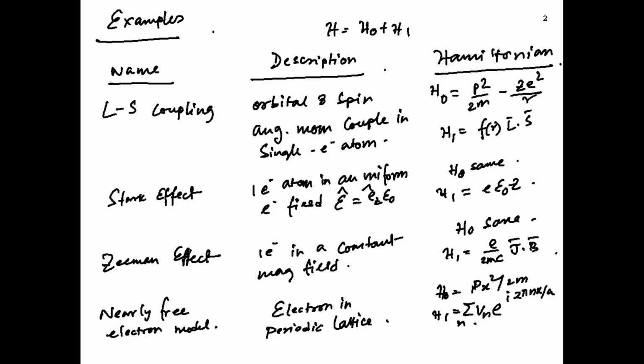So the next order of approximation you can make is that the electron sees a potential due to other ions which are fixed and periodic. So the problem at the next level of sophistication is an electron in a periodic lattice, which leads to band structure and all that, and that can be solved using perturbation theory, using the free electron part p square by 2m plus the periodic lattice.